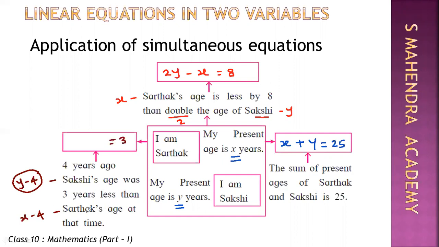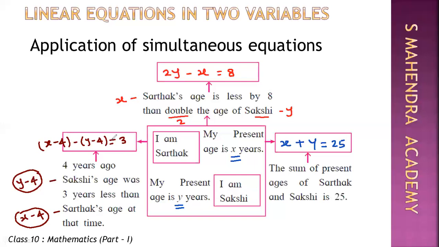than Sarthak's age. Now Sarthak's age at that time was X minus 4. So the difference, that is (X minus 4) minus (Y minus 4), is equal to 3.